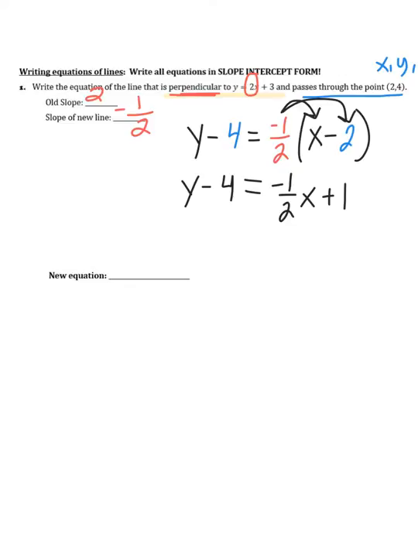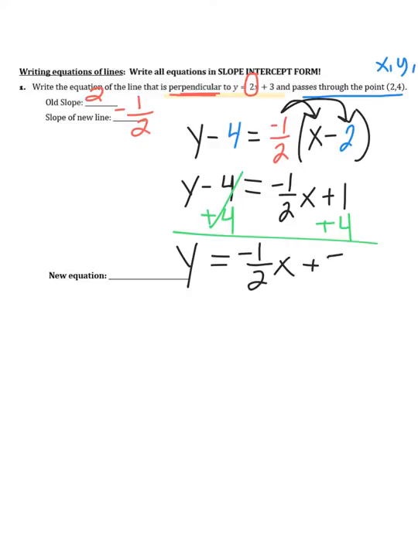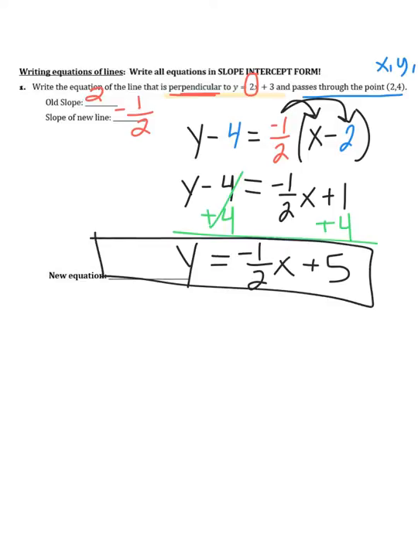We're still trying to get the y by itself. Let me add 4 to both sides. This should be our last step, so we're ready for that new equation. y = negative 1/2 x + 5. It looks like our y-intercept is 5 here. So that is our equation for the line perpendicular to the original line they gave us, and it will go through the point (2, 4) that they also gave us.